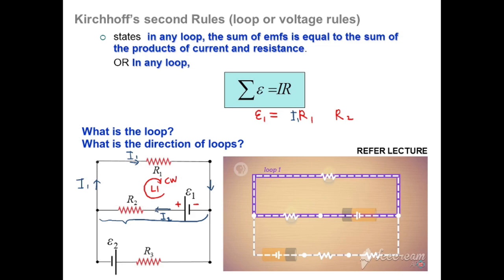But for R2, I2 will be acting on R2. So we just add up all these products of I and R. In this example, the direction is equal, so both resistors will produce a positive sign. After this we will study more how to put the sign convention for this product.